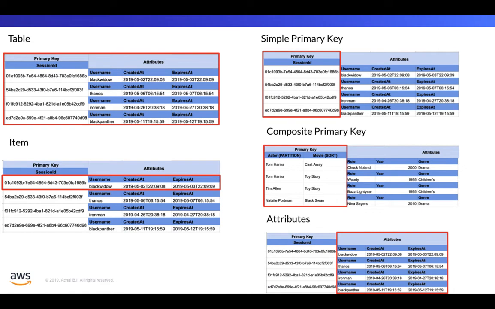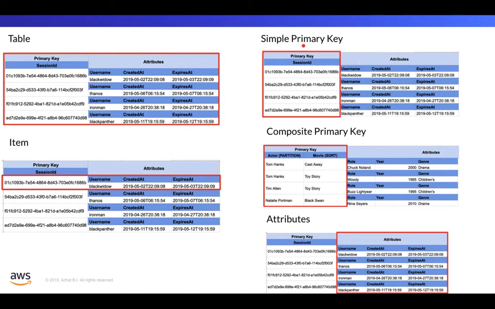So again, at a very high level, let's understand the table structure. The basic whole thing is a table. A table consists of items. There are many items, and an item consists of a primary key and attributes.